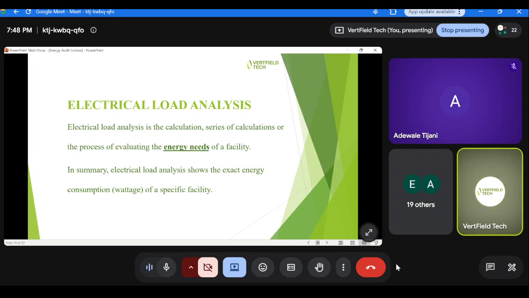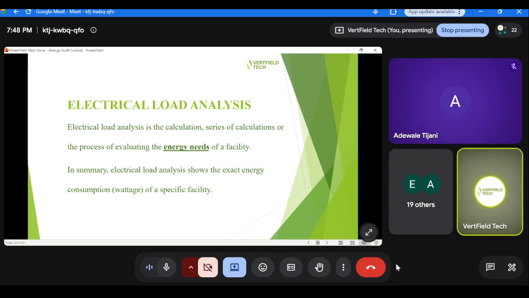So electrical load analysis is a calculation, a series of calculations, or the process of evaluating the energy needs of a facility. That simply means, in ordinary language, that electrical load analysis is that which helps you to know the energy need of a facility.